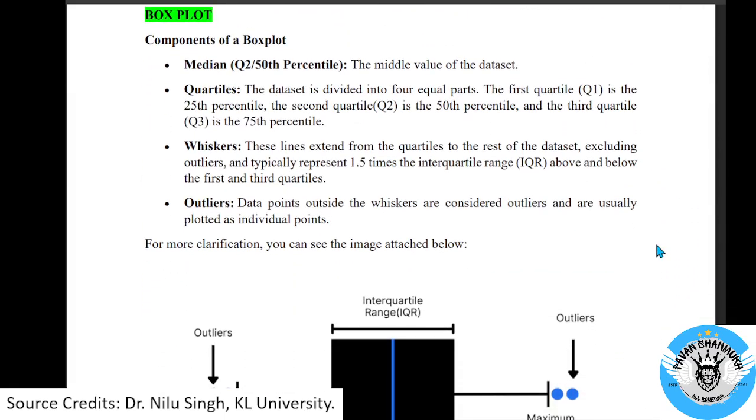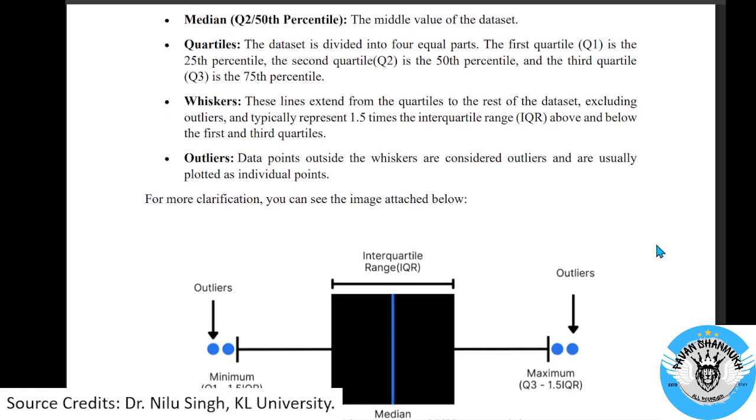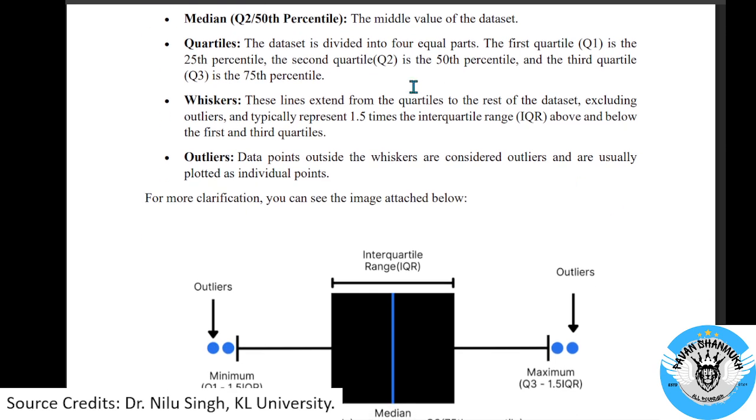Next, box plots. Box plots consist of four things: the median, the interquartile range (IQR), quartiles, whiskers, and outliers. Let me go deeper.